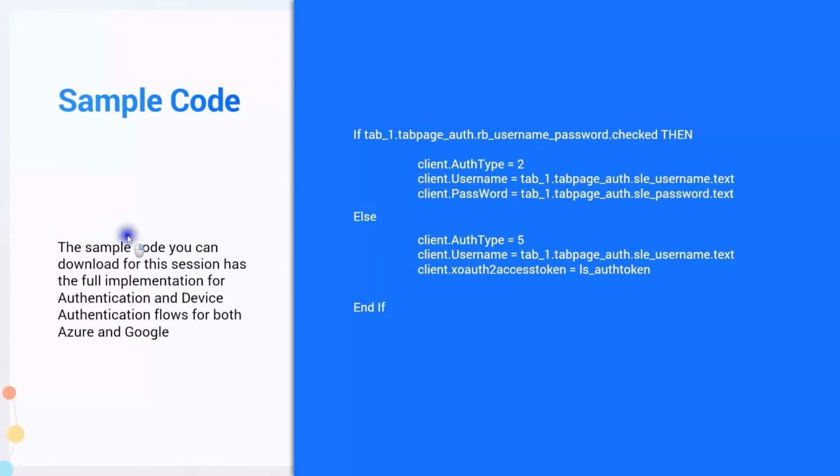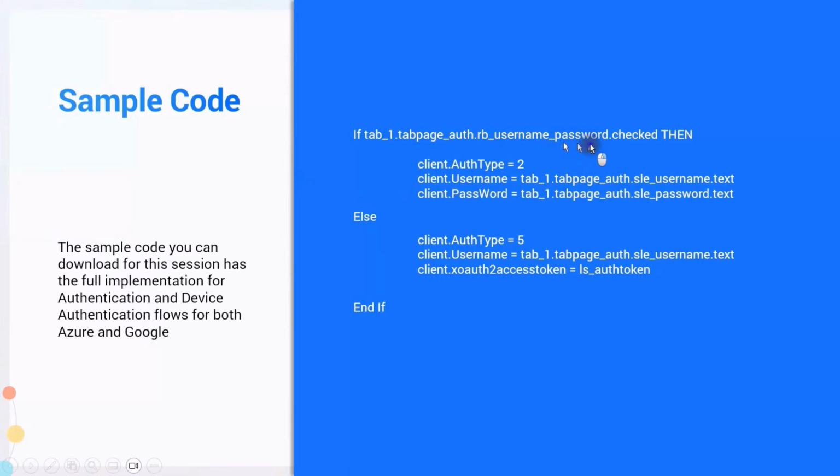The important point I wanted to show here is how we set up the SMTP client message differently when we're doing OAuth versus username password. So in the sample code, I will look to see whether you're trying to do username password or OAuth.